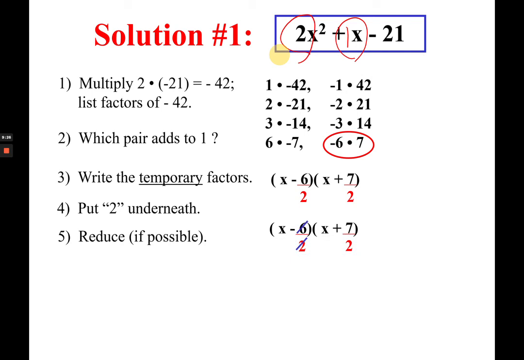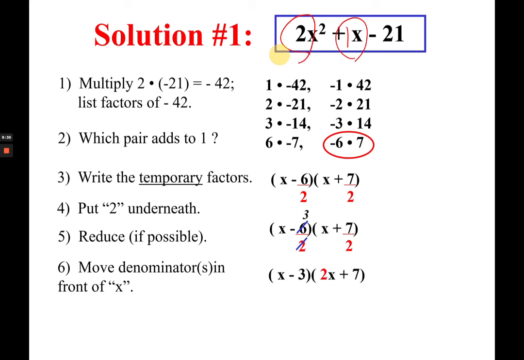And that becomes x minus 3. And the 2, since it's not possible to reduce here, we just move 2 in front of the x. See how x appeared in front. And we found the factors of 2x squared plus x minus 21 with very specific steps.